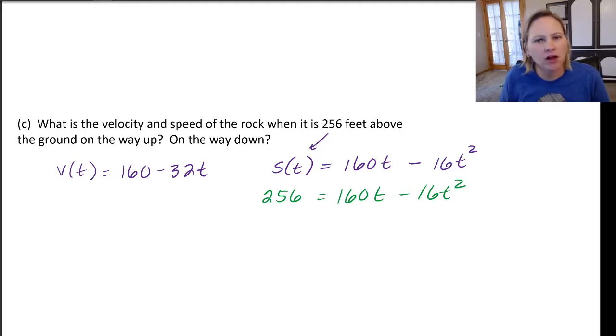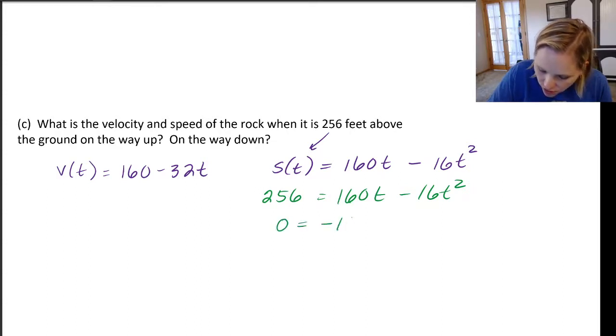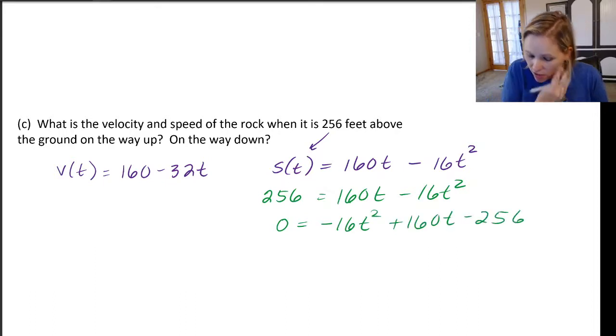Now, if I have a graphing calculator, it's super easy to plug it in and find the solution for a function like this. However, this is a primo non-calculator problem. So I'm going to go ahead and subtract the 256 over to the other side. I'm going to do a little rearranging. And then I'm going to factor. And I notice that each of these has a factor of 16.